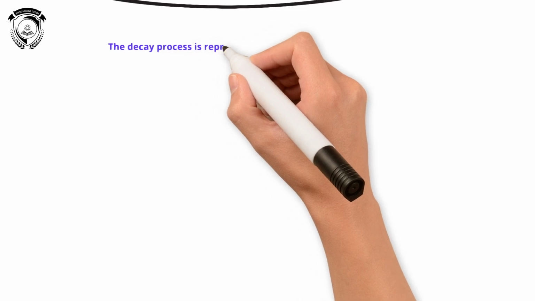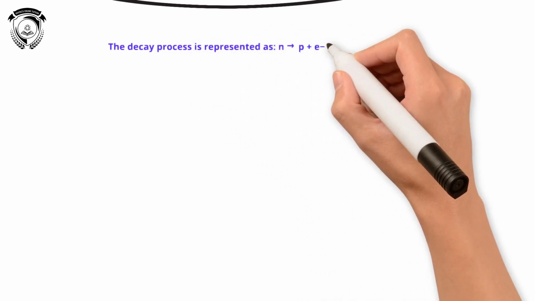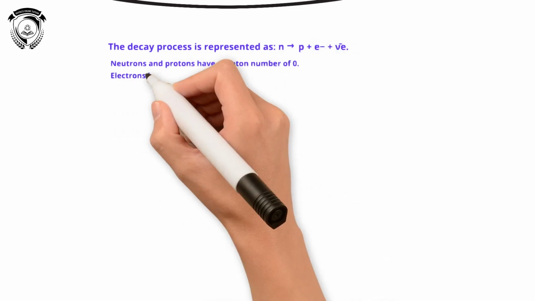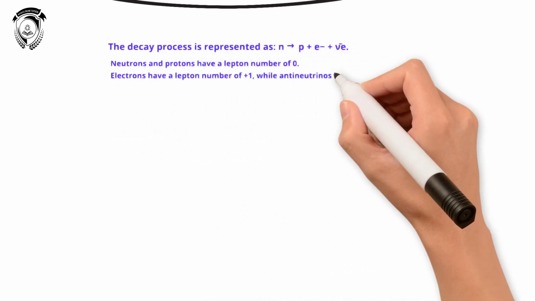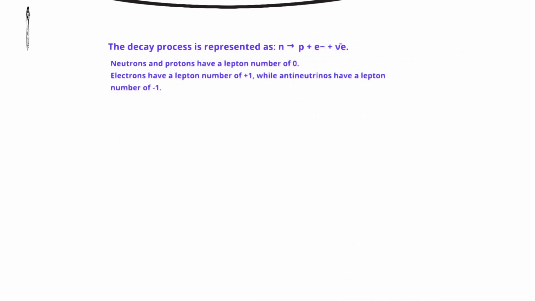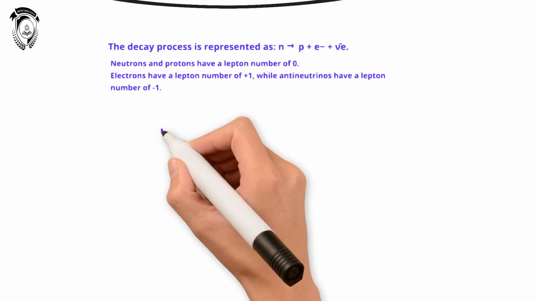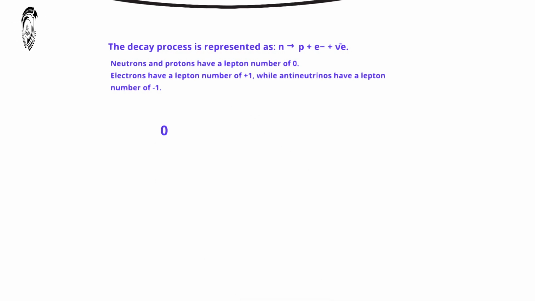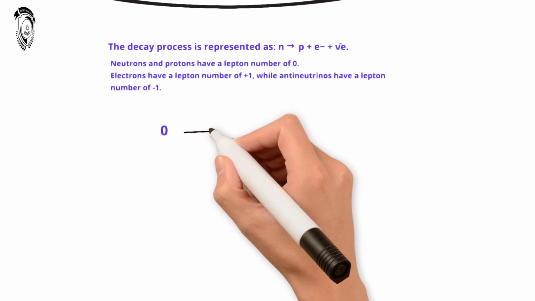This is the decay process: a neutron decays into a proton, an electron, and an electron antineutrino. You know that neutrons and protons have a lepton number of 0, electrons have a lepton number of +1, and antineutrinos have a lepton number of -1.